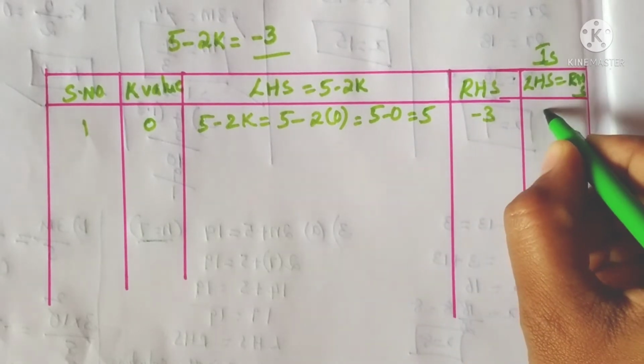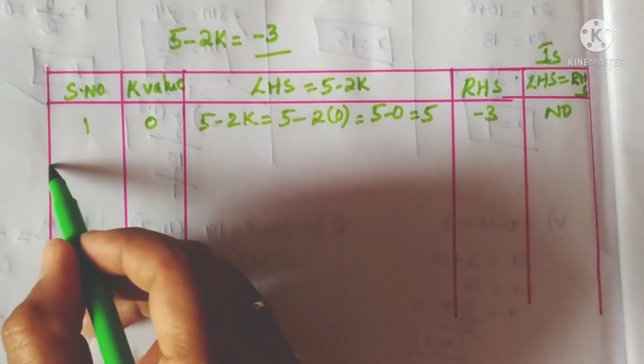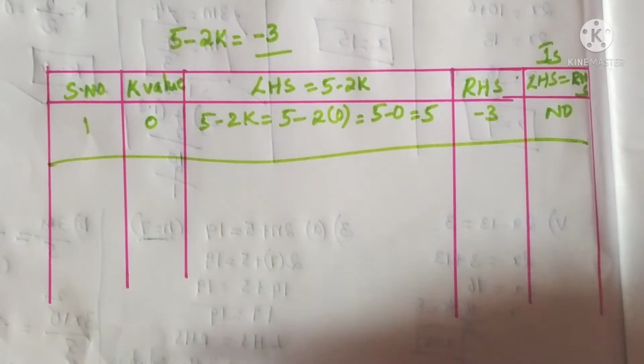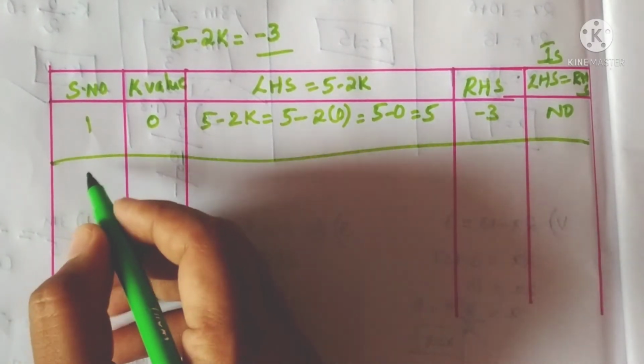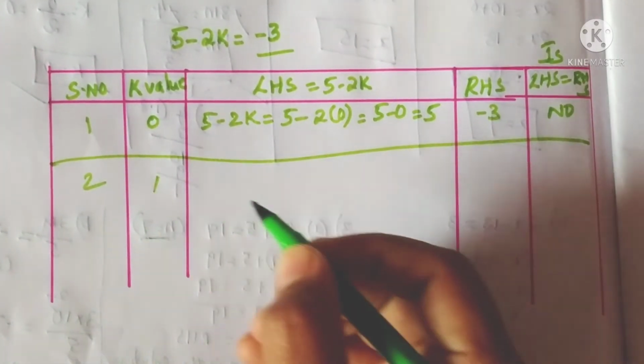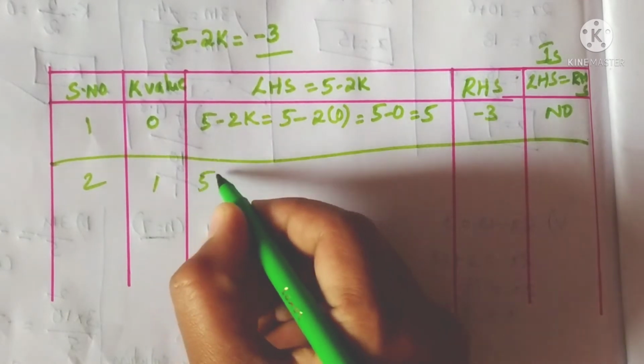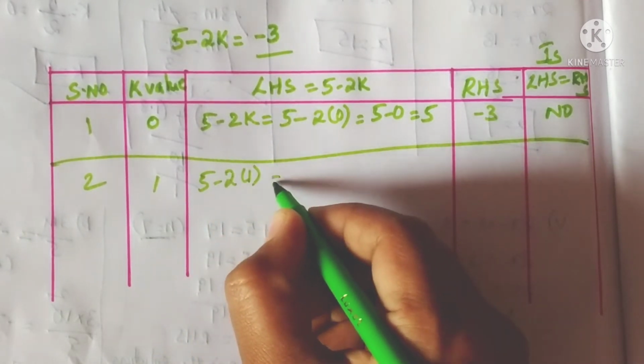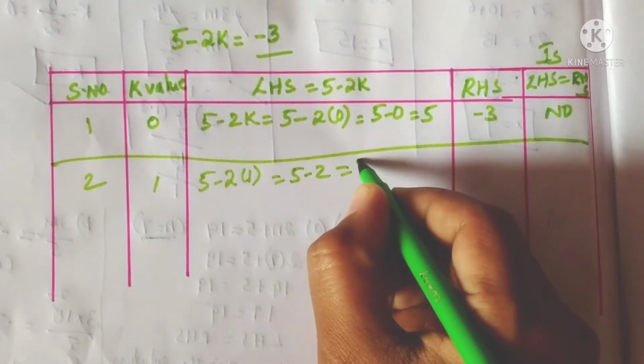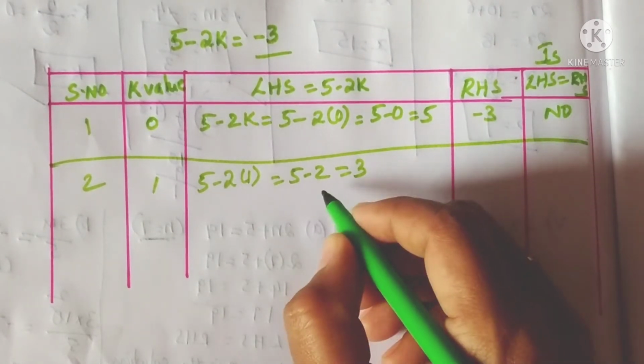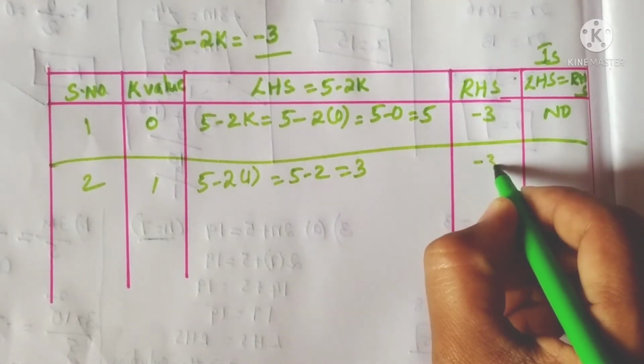Both are not equal, right? No. So again we want to take another number for k value. I am taking 1. So 5 minus 2 into 1, that is 5 minus 2, 3. Okay. So is 3 equals minus 3?